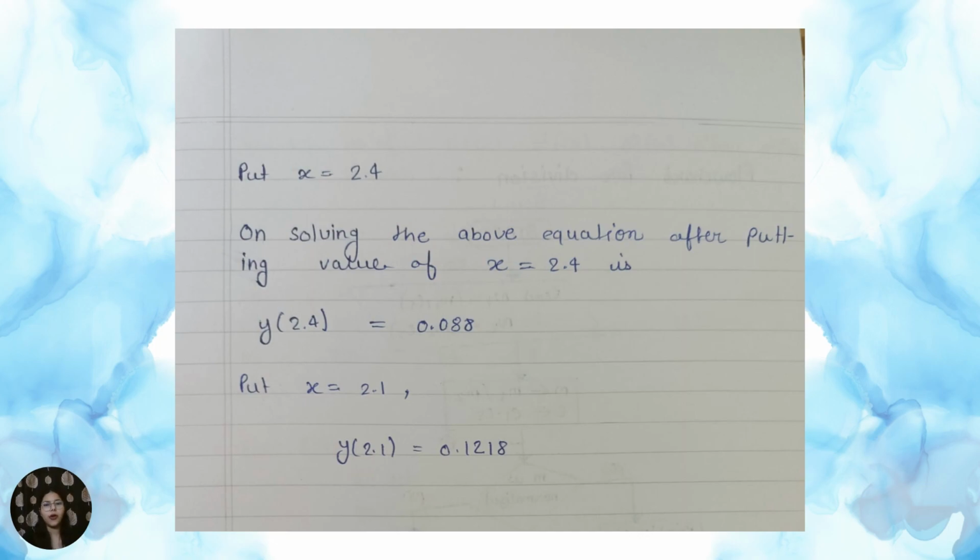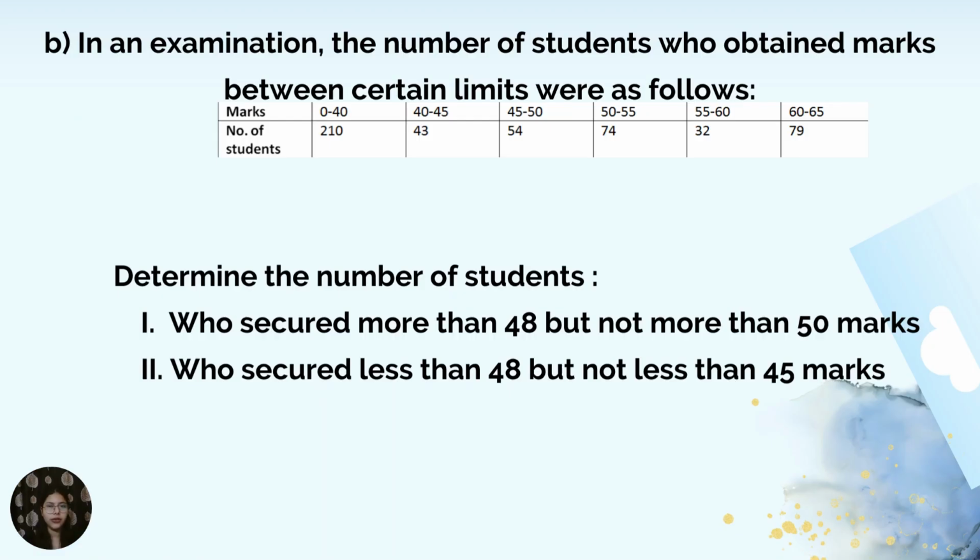On solving the above equation, after putting x is equal to 2.4, y of 2.4 is equal to 0.008. Put x is equal to 2.1, then it will give 0.1218. These two are the missing parts of the data.